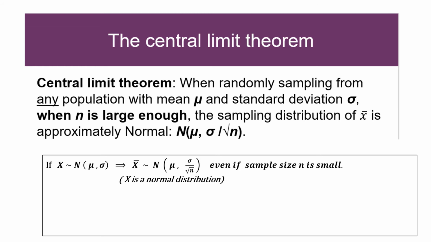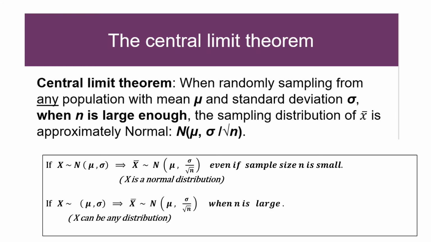This n can be anything, even if it is small. If the original distribution is a normal distribution, then automatically this x bar will follow this, even if n is small. But if n is large, it can be from any distribution. It need not be from a bell-shaped curve. It can be from any other distribution. But the ultimate result, x bar, will follow a normal distribution with mean mu standard deviation sigma by square root of n.